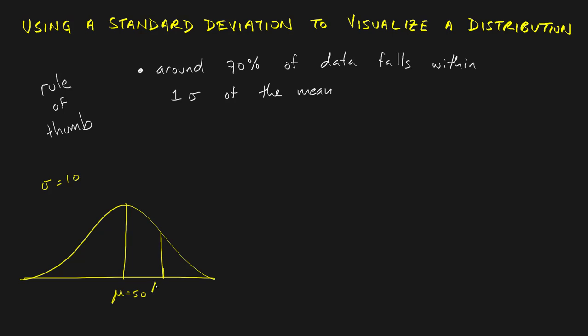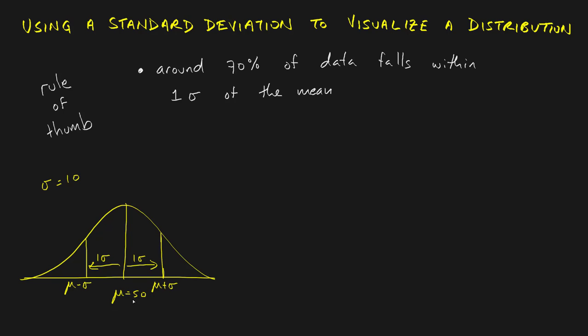This is going to be the mean plus one standard deviation. So I'm one standard deviation above the mean. And if I go down an equivalent amount below the mean, this would be one standard deviation below the mean, so it would be the mean minus the standard deviation.